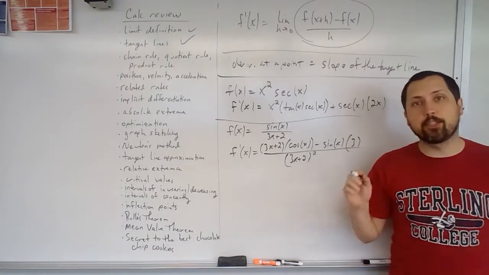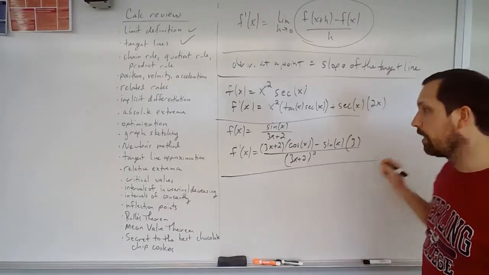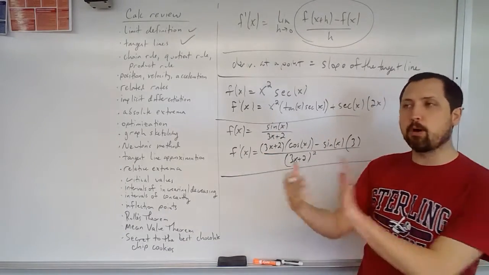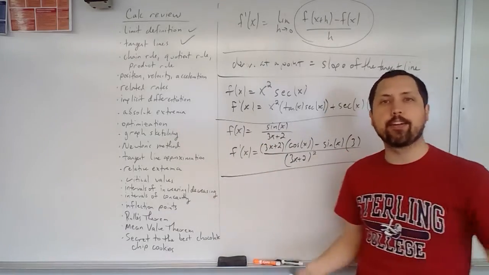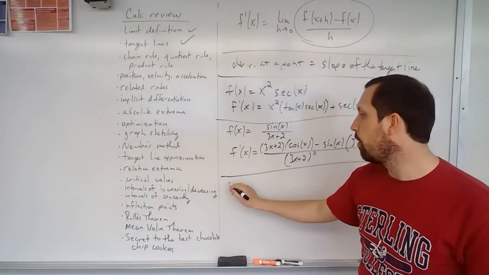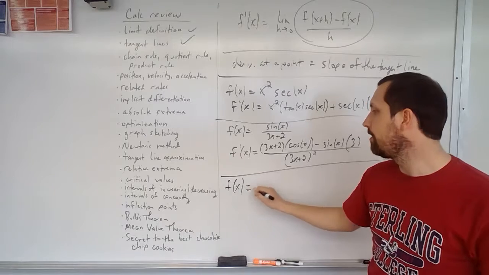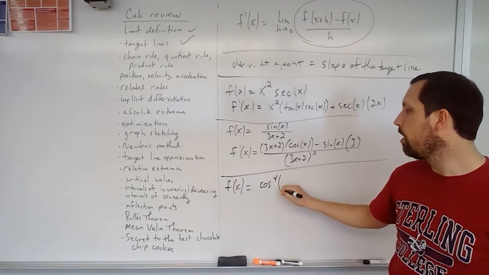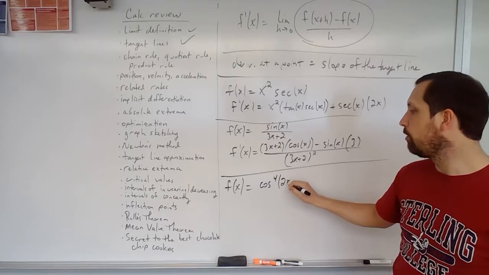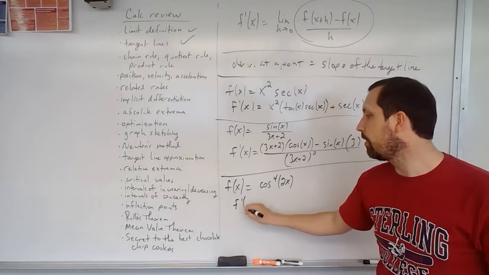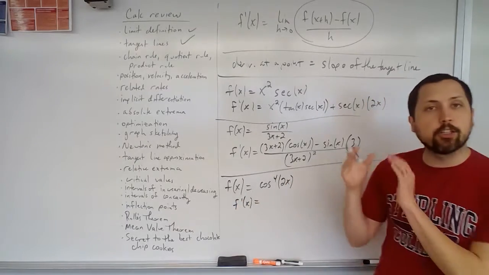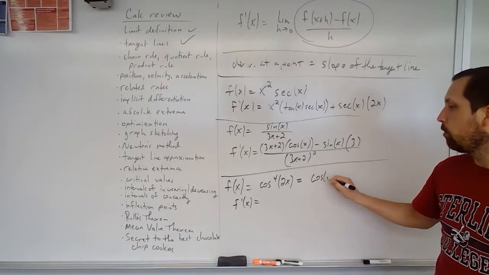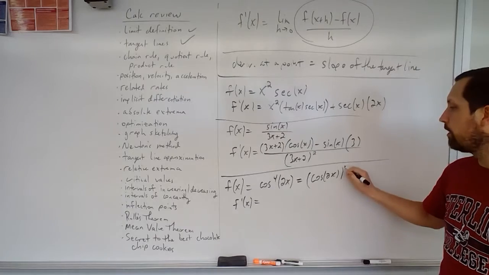And then we have the chain rule, and what the chain rule said is that if you have functions inside other functions, you have to multiply by derivatives of the inner things as well. So if we have, say, f of x is equal to cosine to the fourth of, say, 2x, if I take the derivative of this, I have to look at the outermost function. This could be rewritten as cosine of 2x, all of this raised to the fourth.